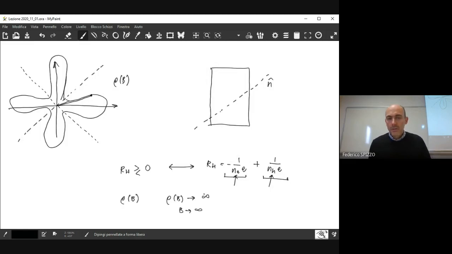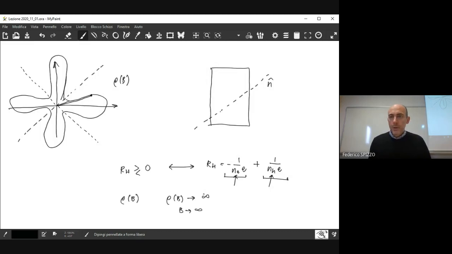So also this phenomenon is predicted by the application of the semi-classical equations of motion to specific systems, in particular to systems where we have the opportunity to observe open orbits, where open orbit means an orbit that is able to span different Brillouin zones depending on the value of the relaxation time.